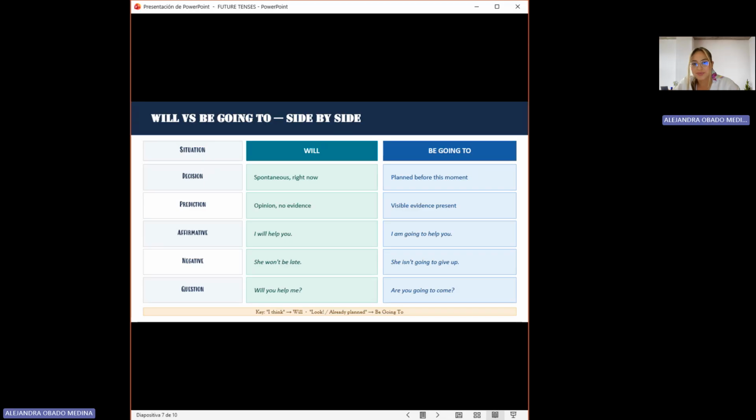Look at this table, okay? Decision: will is spontaneous, right now, and be going to is planned before this moment, okay? Prediction: will is your opinion, no evidence, you can't see it, and be going to has visible evidence present, okay?